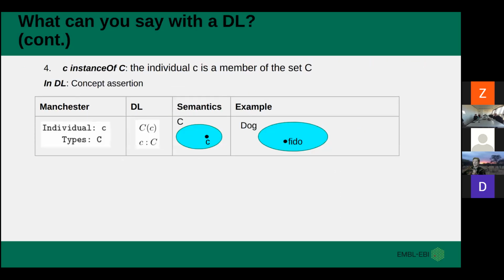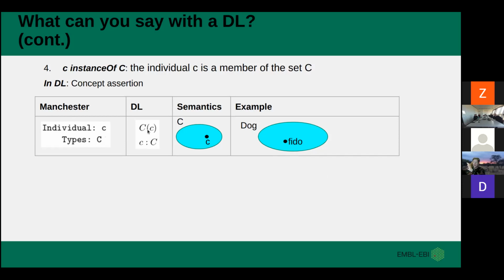Yes. So you can also state that an individual is an instance of a certain class. This is in description logic referred to as a concept assertion. So in Manchester syntax, you will say you've got individual c, actually I should have class C here as well, and then you say its type is C. There are two notations for concept assertion.